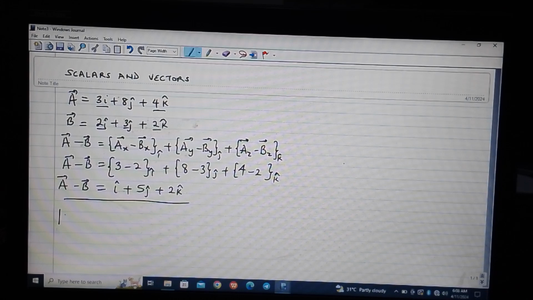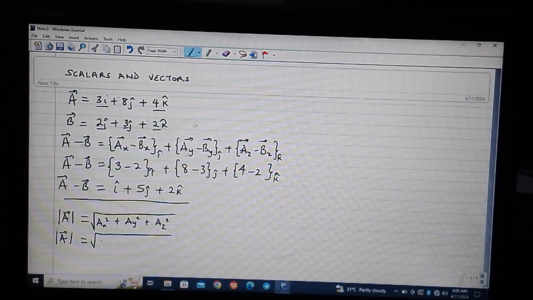I use a bar to indicate that I'm looking for the magnitude of A. So the magnitude of A will be the square root of AX squared plus AY squared plus AZ squared. So magnitude of A will give us, what is AX here is 3.